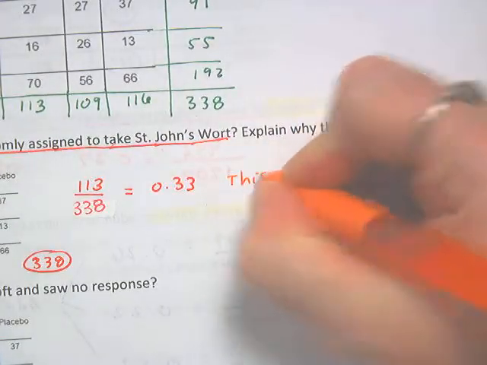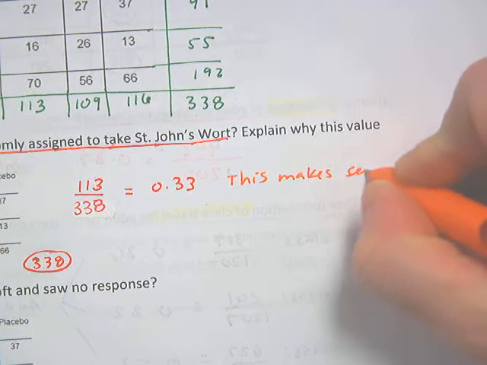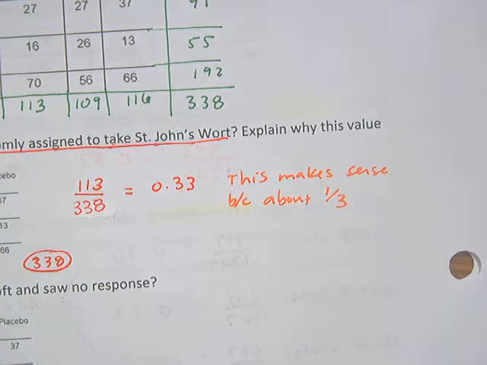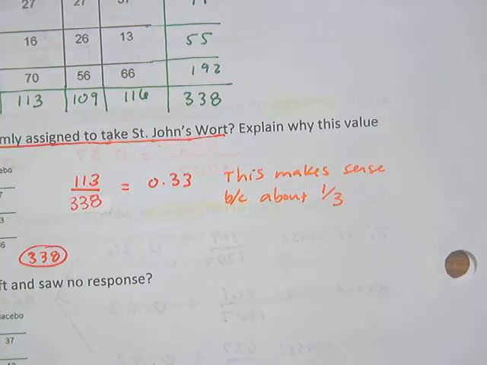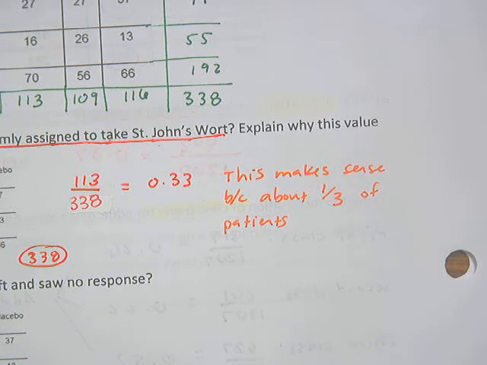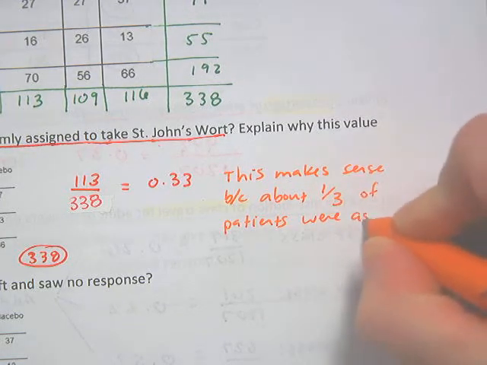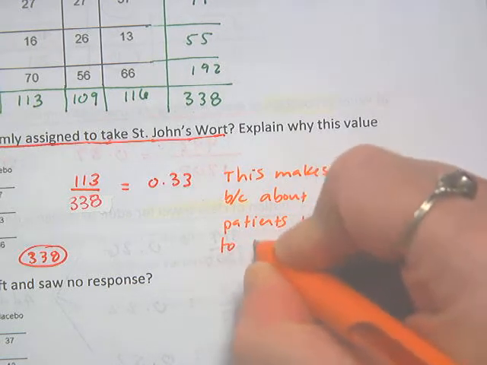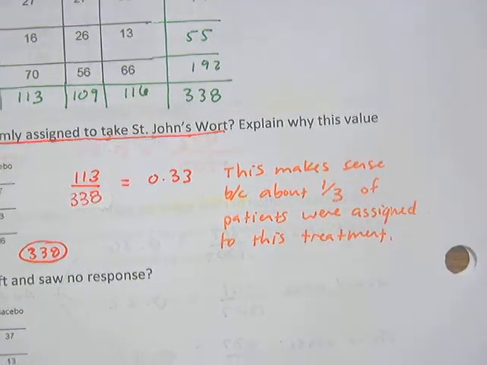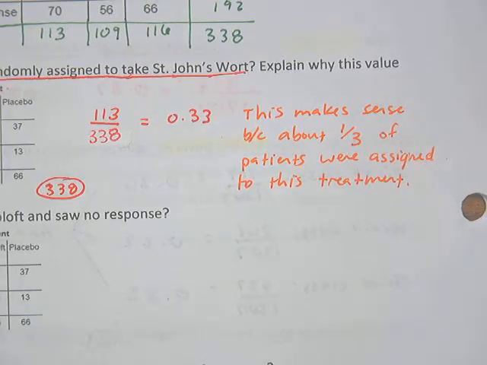So I want you to write, this makes sense because about 1/3, which is 0.3 repeating, pretty close to what we got, of patients were assigned to this treatment. And the chapter that we get to about designing studies is one of my favorite chapters in statistics overall.